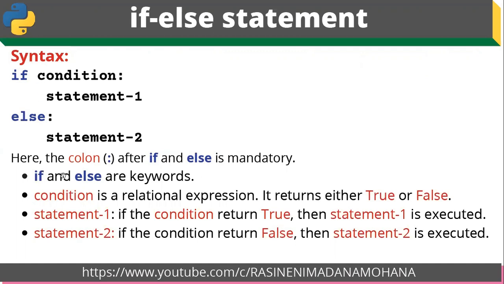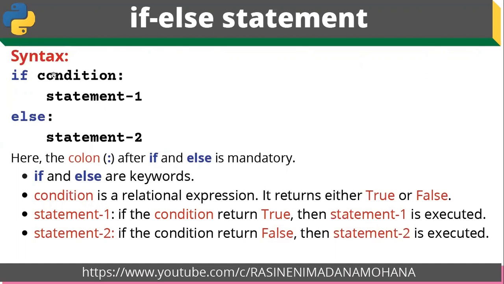Here if and else are keywords in this syntax. Condition 1 is a relational expression. It returns either true or false, same as a simple if statement. If the condition returns true, then statement 1 is executed. If the condition returns false, then statement 2 is executed.